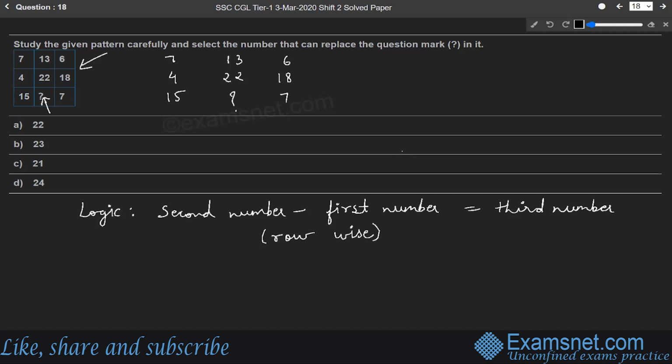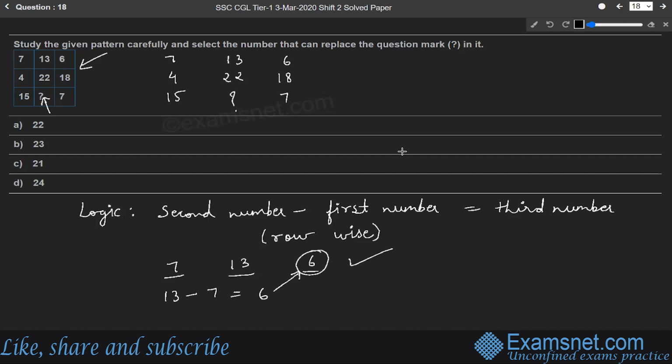The first row consists of the numbers 7, 13 and 6. First number is 7, second number is 13 and third number is 6. Applying the logic, second number 13 minus first number 7 should give the third number. So 13 minus 7 is 6, and here the third number is 6. So the logic is right.